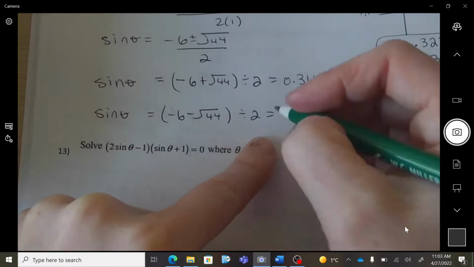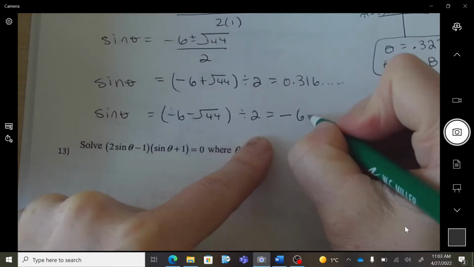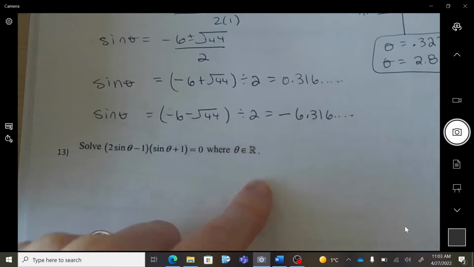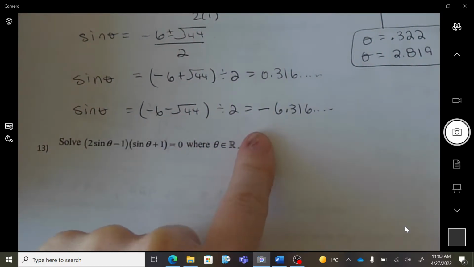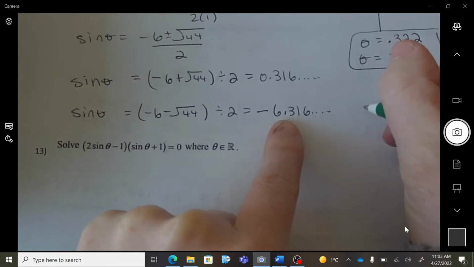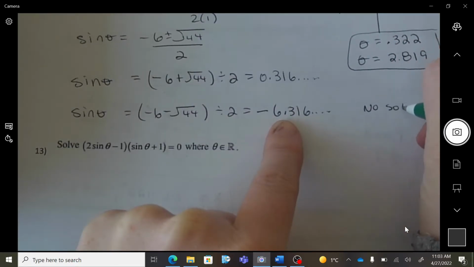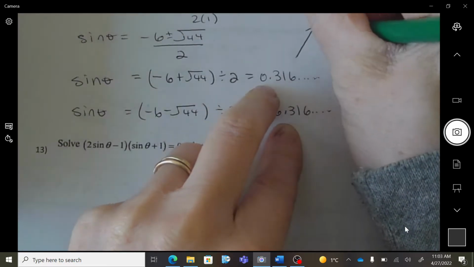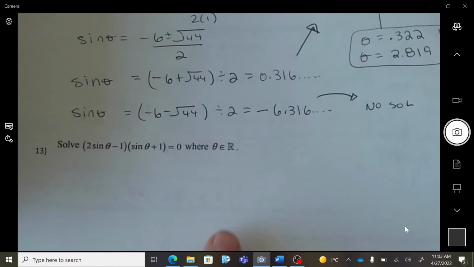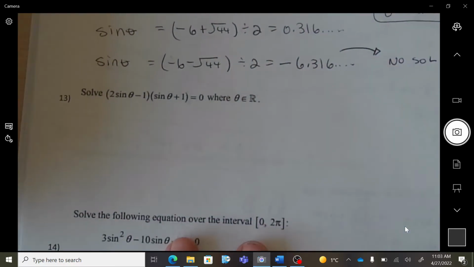So when I do this calculation, I get -6.316, it keeps going. Now when I am thinking about the solution for that, here there would be no solution. Okay, we can't inverse that.